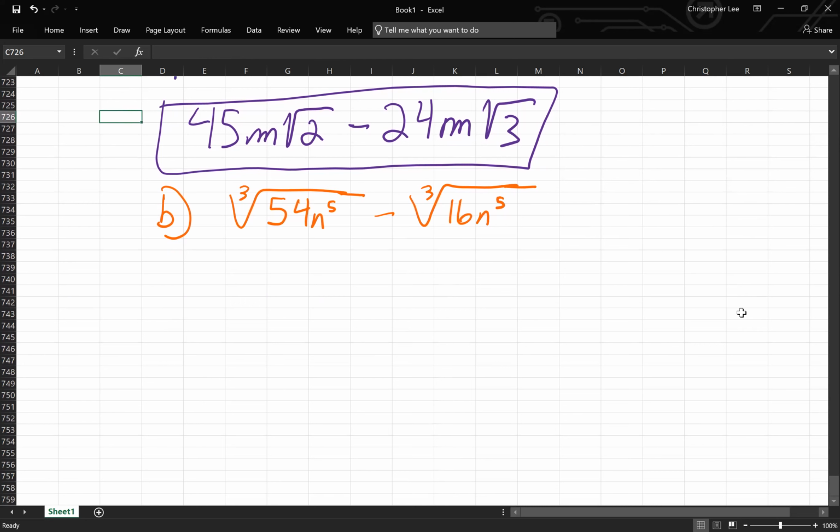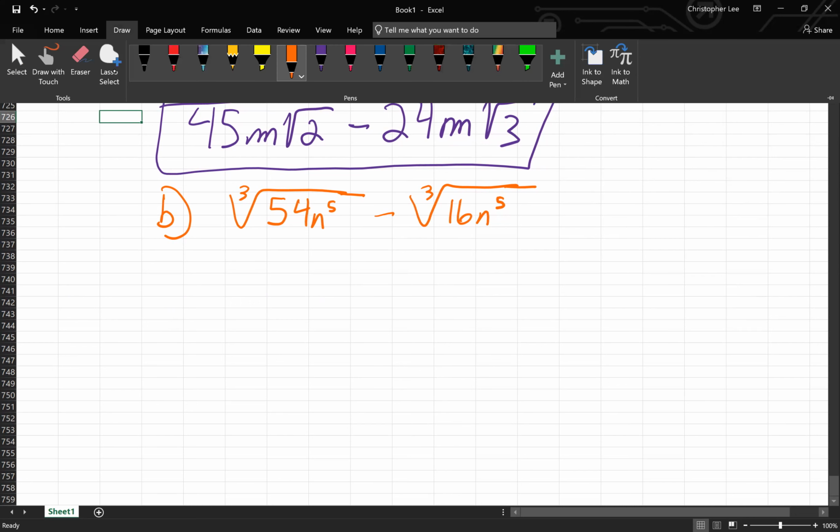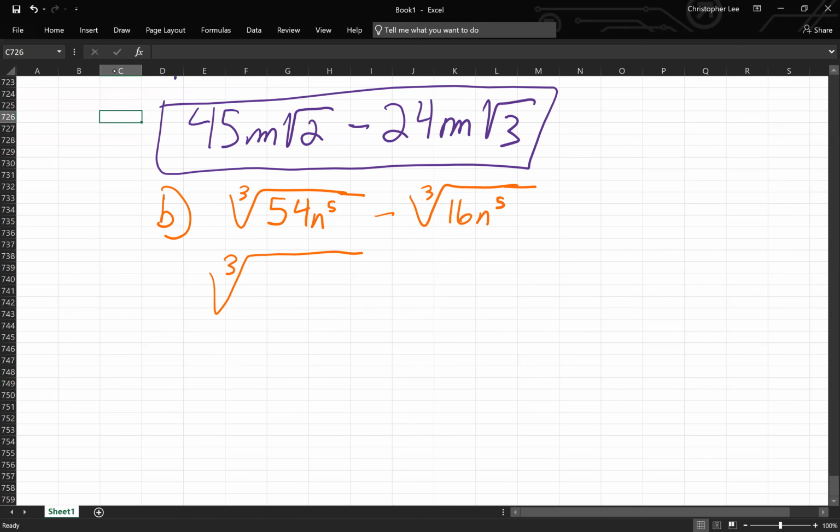Largest perfect cube that goes into 54, what's that? 9 and 6, no. I'm thinking like 27 maybe. Yeah.